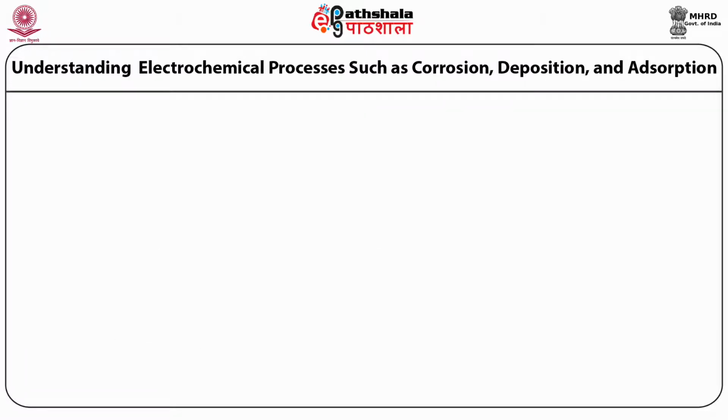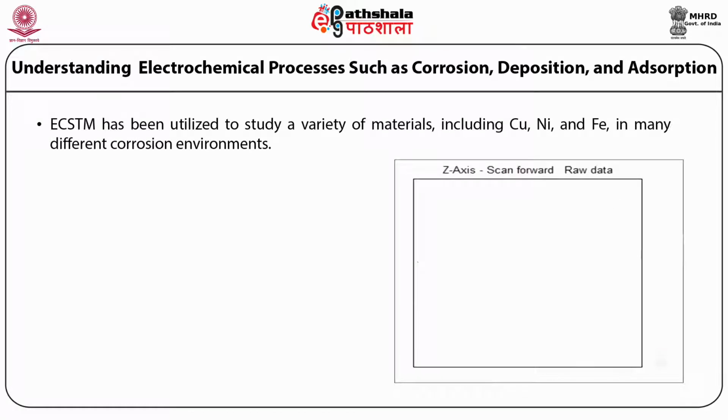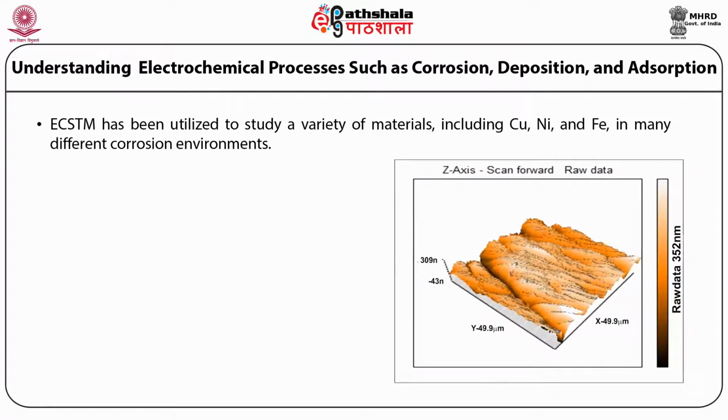Understanding electrochemical processes such as corrosion, deposition, and adsorption. When we talk of deposition, it could be the deposition of metals or, for that matter, any other organic or inorganic material. Electrochemical scanning tunneling microscopy has been utilized to study a variety of materials including copper, nickel, and iron in many different corrosion environments.